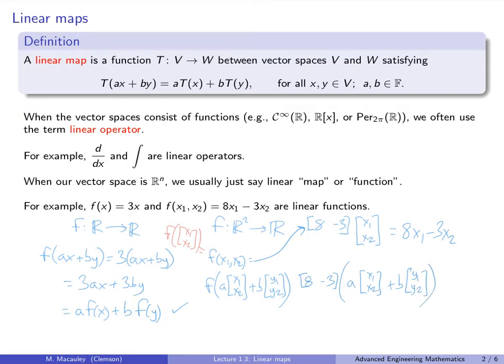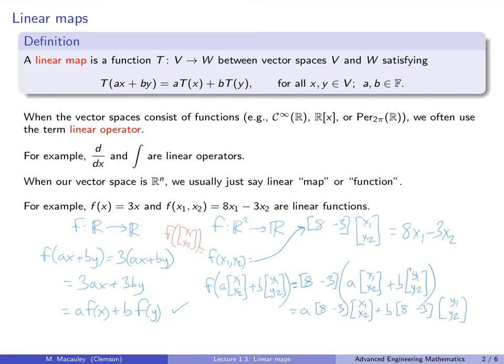And now matrix multiplication is just like regular multiplication. It's associative. You can pull out scalars. So I can write this as a times 8, negative 3, x1, x2 plus b times 8, negative 3, y1, y2.